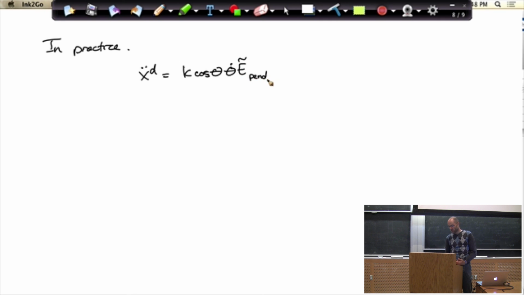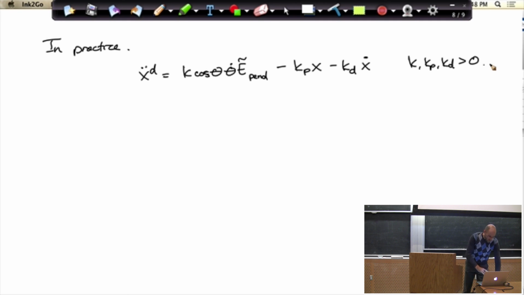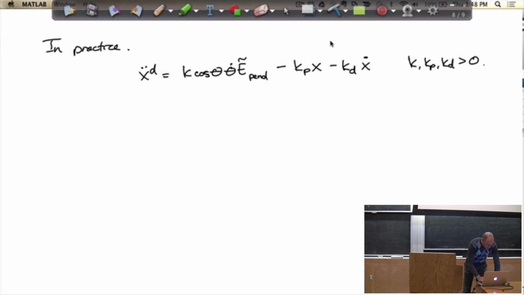That's what we had on the last slide. And I can add in a few extra terms to stabilize the position of the cart. It's harder to prove that this thing converges, but for suitable choices of these parameters, you can prove it, and people have proven that. And that works too. I'll just show you it working.